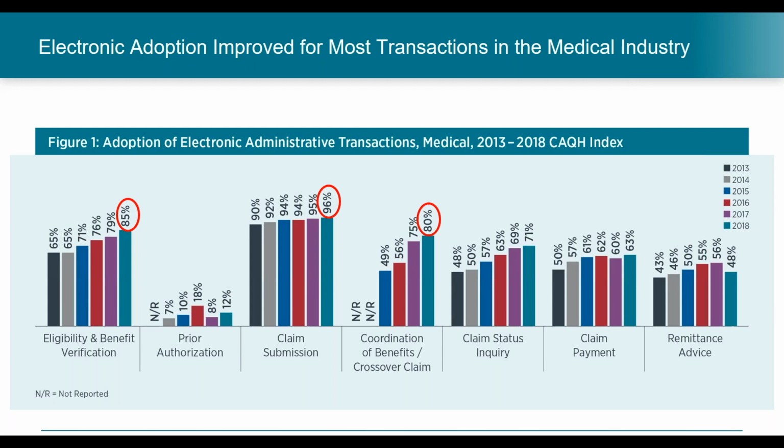Despite rising PA adoption, prior auth still remains the lowest transaction relative to others in terms of adoption. It's noteworthy that 3 of the transactions are now at 80 or above. So you'll see that eligibility and benefit, claim submission, and coordination of benefits are at that level.